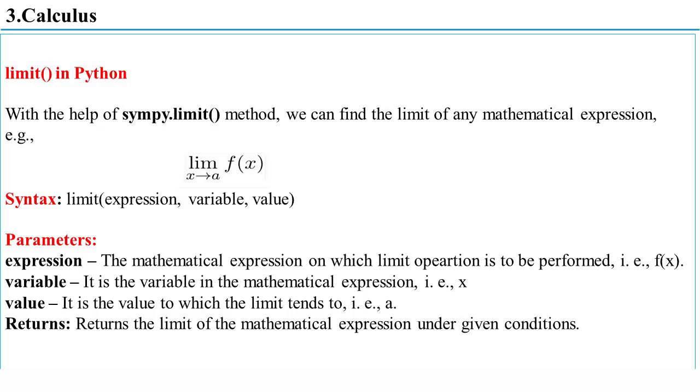The syntax is limit of expression, variable, value. The expression is the mathematical expression on which the limit operation is to be performed, given as f(x). The variable is the variable in the expression, that is x. The value is the value to which the limit tends, which is a. It returns the limit of the mathematical expression under the given conditions.